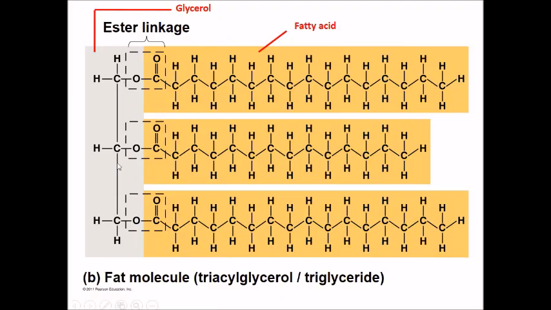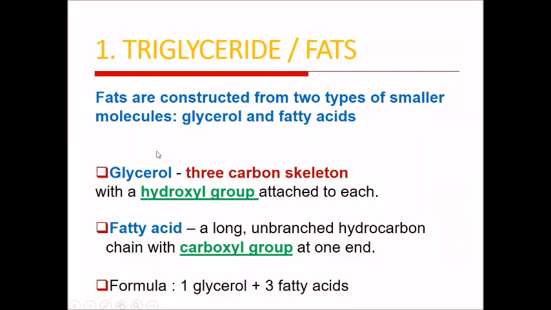Here, 1, 2, 3, it has 3 carbons as the backbone, and here we have the OH group, which is the hydroxyl group. However, the H is removed due to the condensation process, the loss of water.